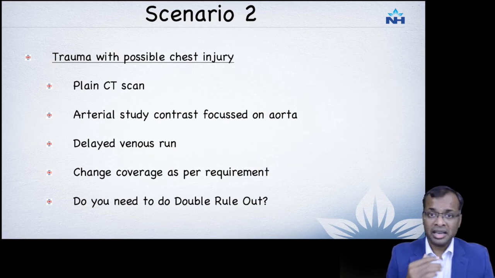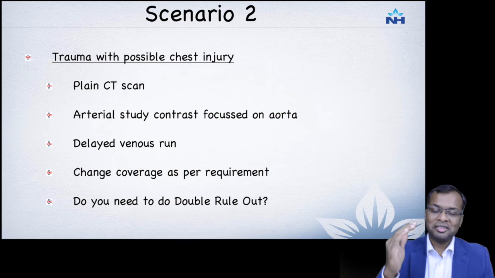So in that scenario, what we do is the first 40% of the contrast is given at a higher injection rate, 4 ml per second. The next 30% of the contrast is given at a slower injection rate. So that keeps the right side of the heart also filled with contrast. And the final 30% of the contrast is again given at a higher rate.